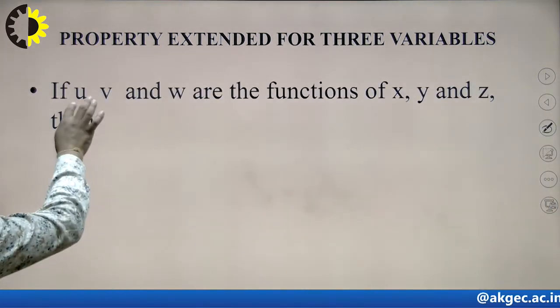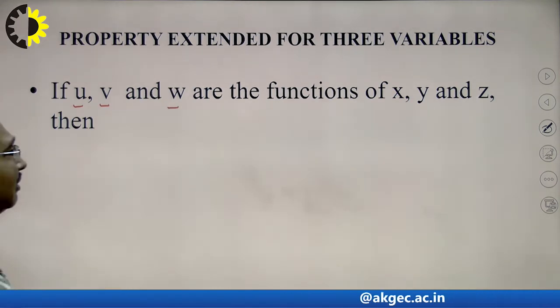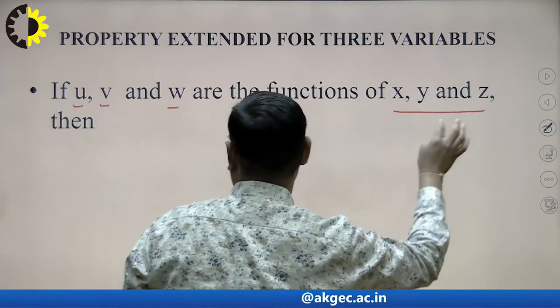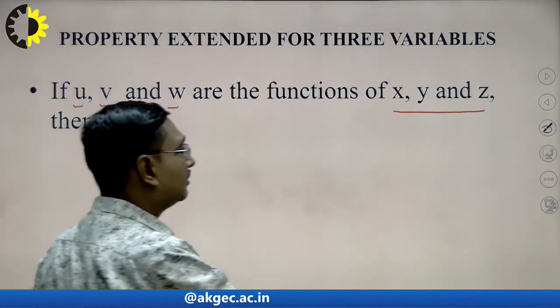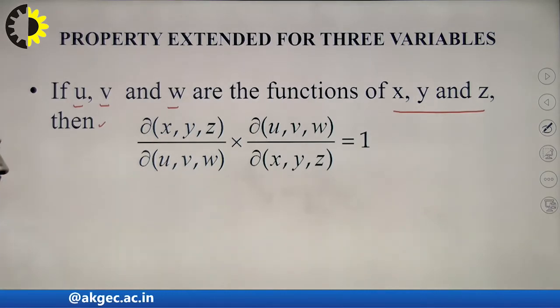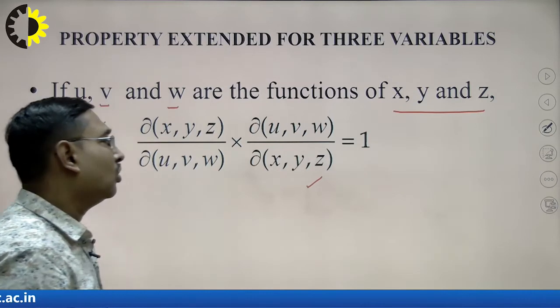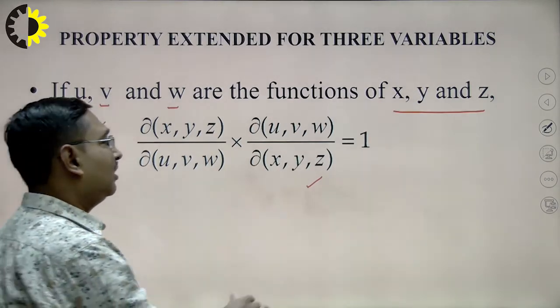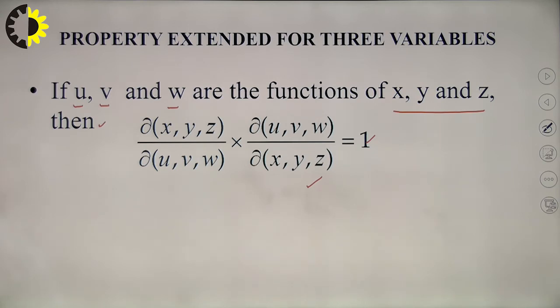If u, v and w are functions of x, y and z, then del x y z over del u v w times del u v w over del x y z will always be 1. What is the meaning of the property? Same meaning.